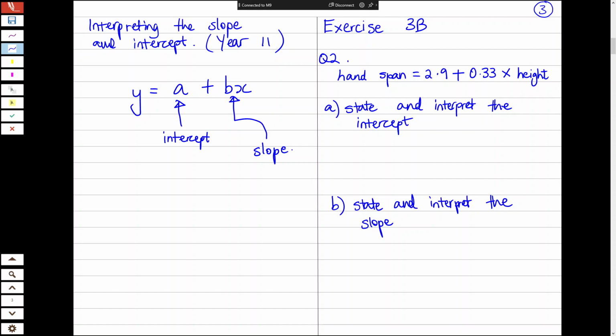Now that we have actually found A and B, now we want to do some work as statisticians to say, okay, what do these numbers mean? So now that I've done the calculation, I've put it into the CAS, some numbers have come out, what can I actually say about the data? So you may want to write this down. So the slope tells us, on average, does anyone remember the sentence from last year?